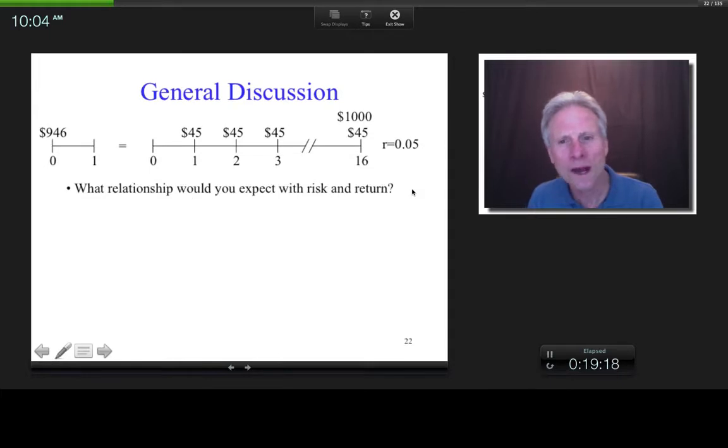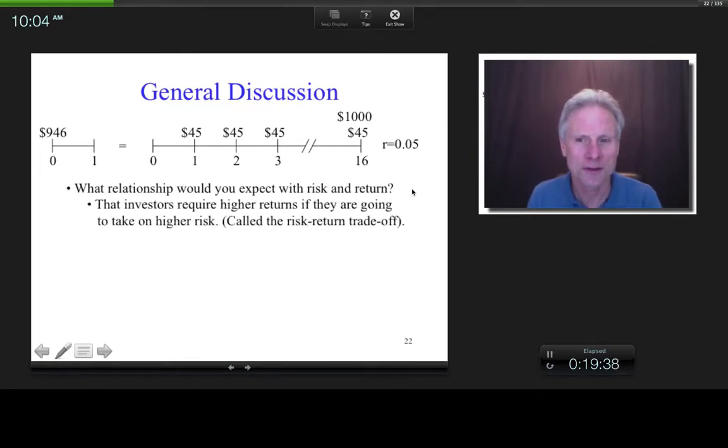So what kind of relationship would you expect with risk and return? As investors take on more risk, would they require, or have to be bribed, if you will, with higher returns or lower returns? Higher returns, right? And this is commonly known as the risk-return trade-off.